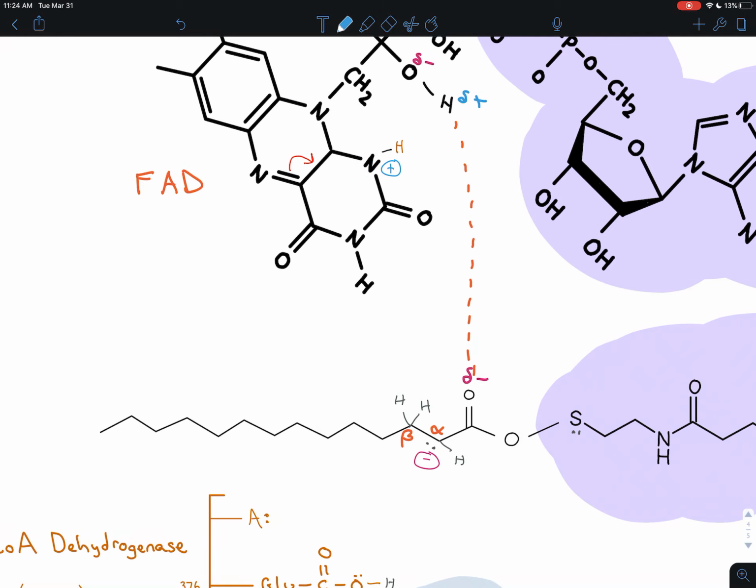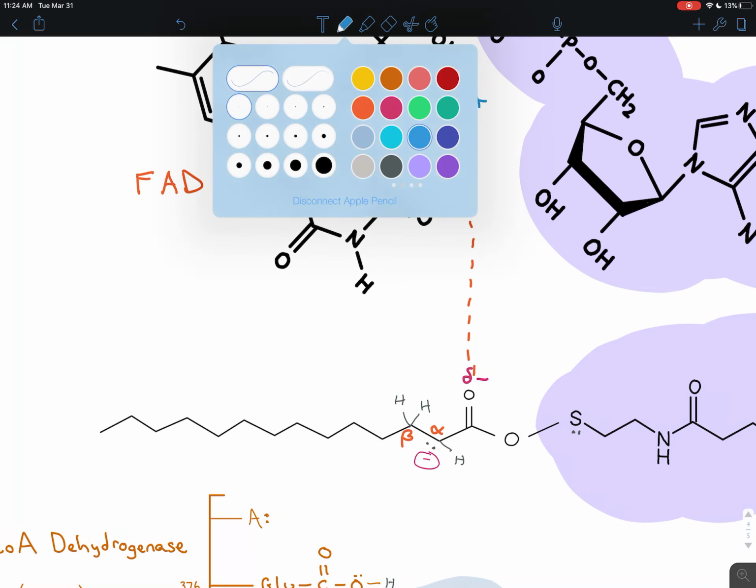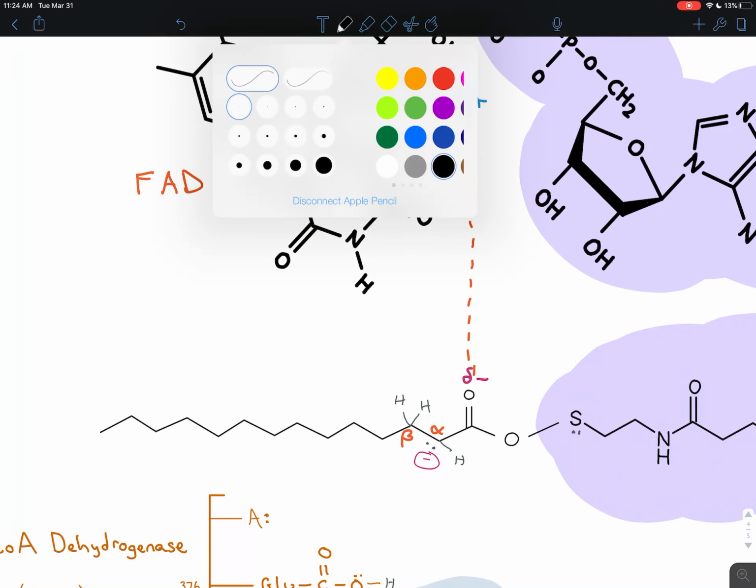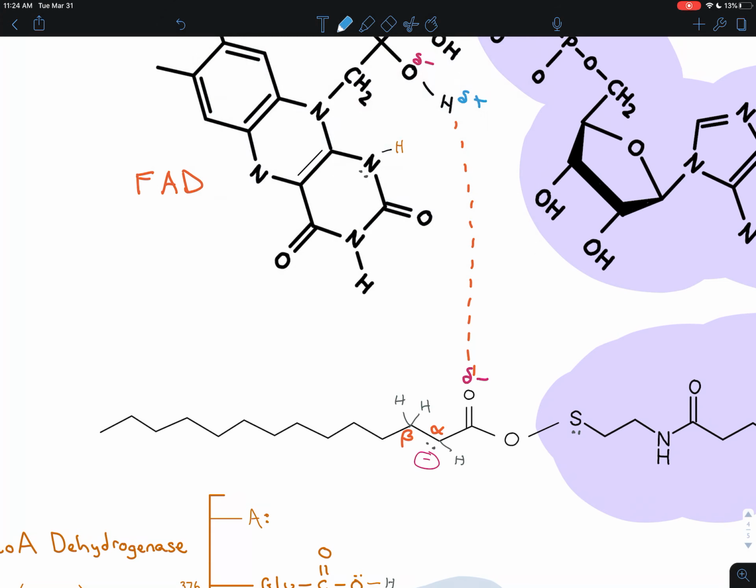So that pi bond can become a lone pair, and that neutralizes that positive charge. But now this carbon has the positive charge, so that pulls these electrons over. And now we have a pi bond here, and that positive charge is taken care of. But now the nitrogen is missing its electron, so it would have a positive charge.